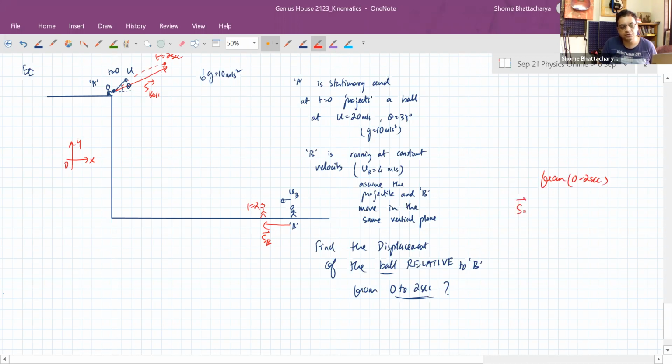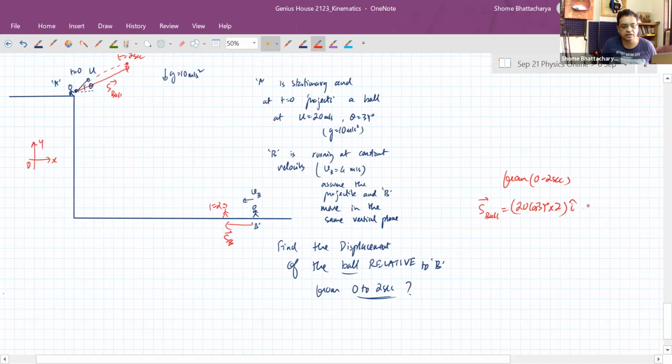We can see that from 0 to 2 seconds, the displacement of the ball in the ground frame would be u cos theta t. So that is 20 cos 37 into 2 i cap, plus u sin theta t minus half g t square.